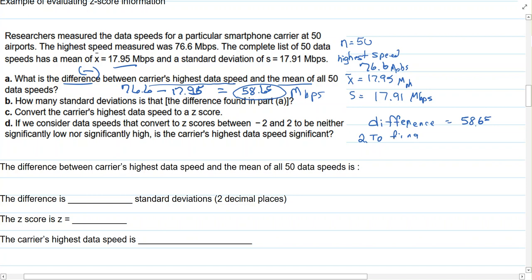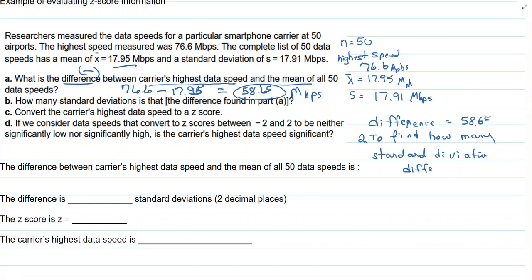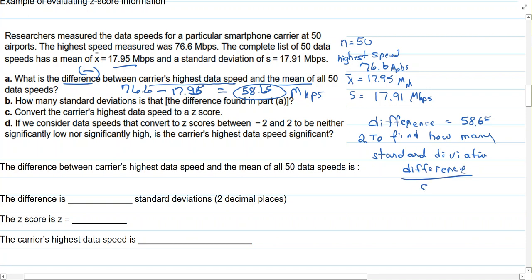Well, to find how many standard deviations, you take the difference divided by the standard deviation.